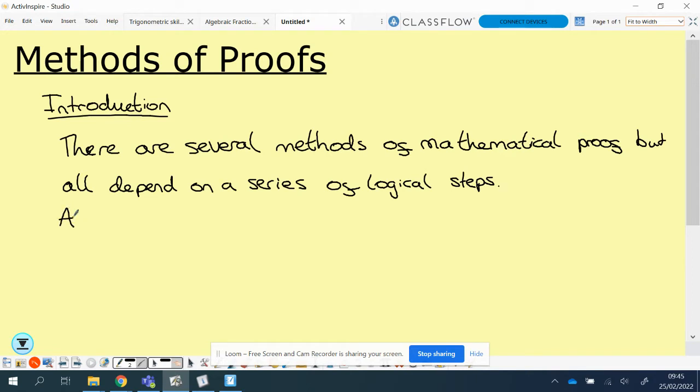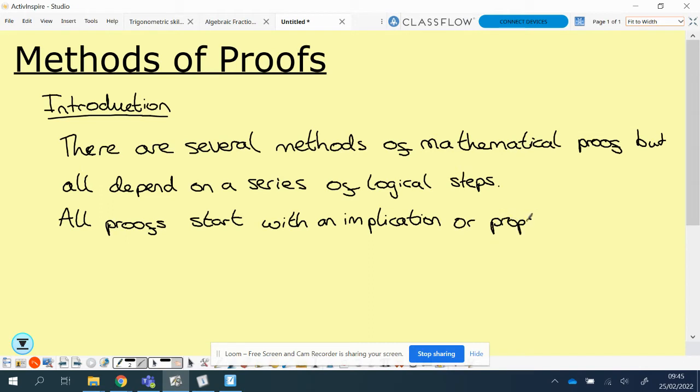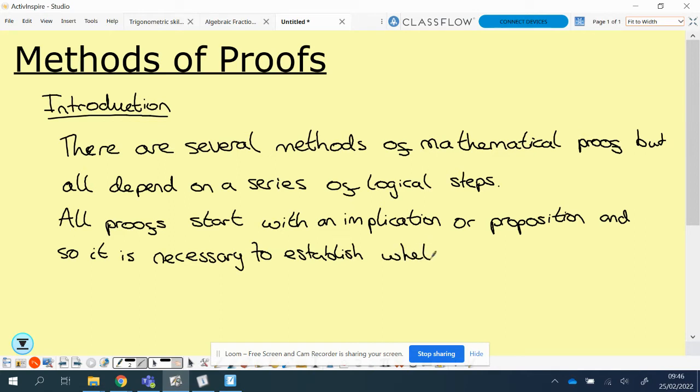All proofs start with an implication or proposition, and so it is necessary to establish whether the implication is true or false.